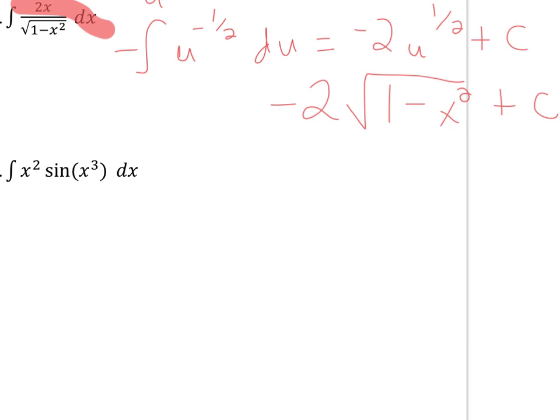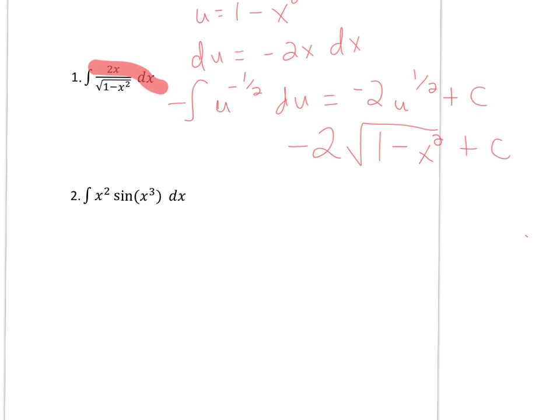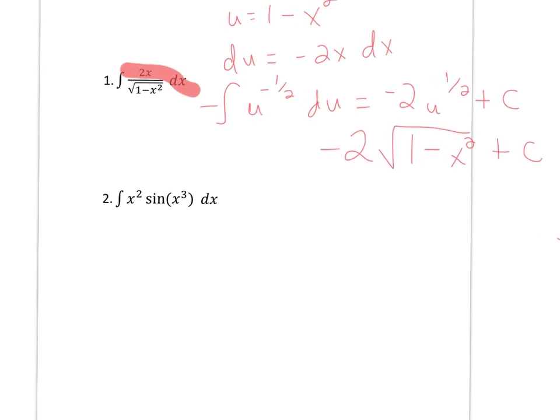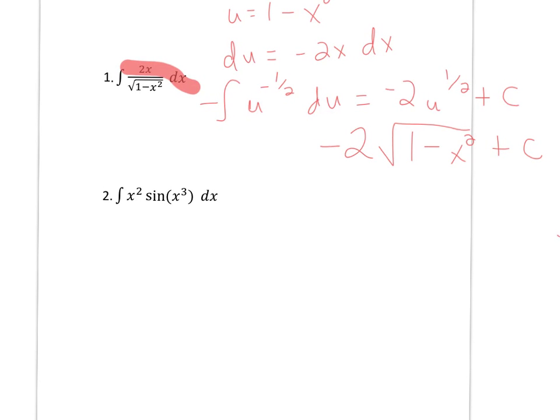For the second problem, we are also going to have a u substitution. Within that u substitution, we are going to have our u value, this time, be inside the parentheses. That's going to be our x cubed. And that is going to make our du equal to 3x squared dx.